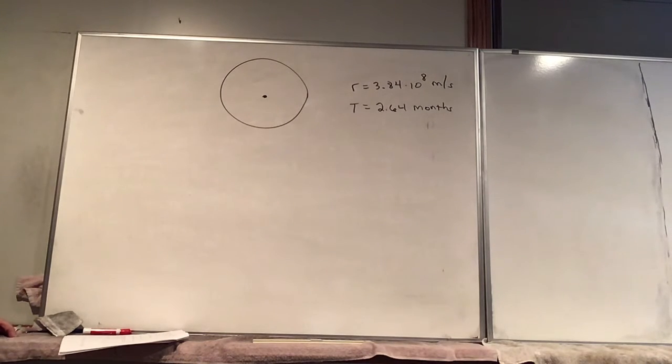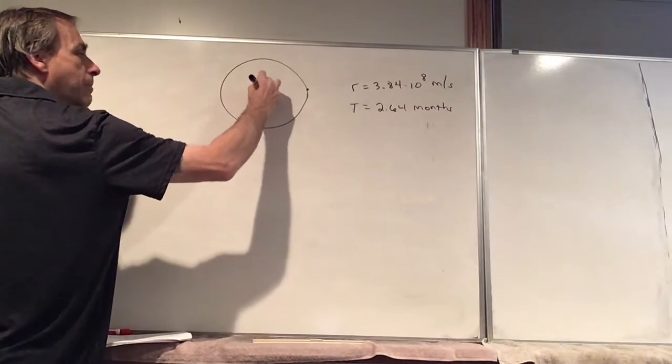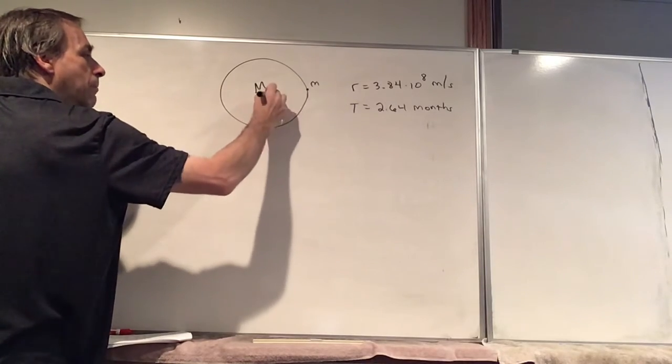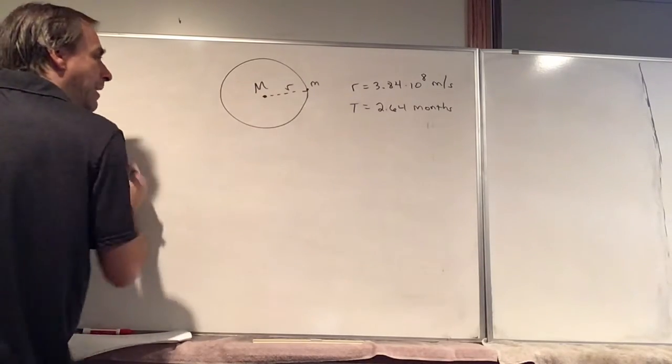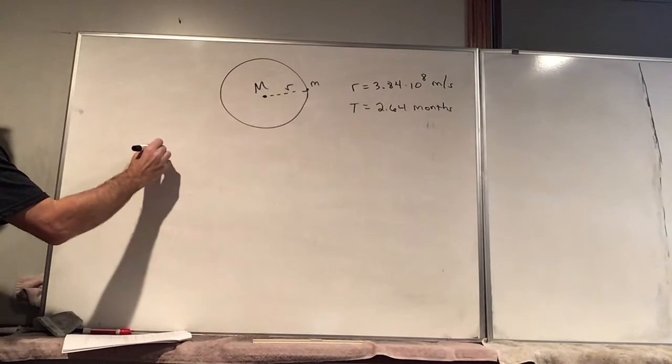So one thing, we're given the period in months because that's a reasonable unit to measure the period of a moon, but we want to convert that to seconds. You're given the conversion factor there. But let's apply Newton's second law. So here's the mass of the planet. Here's the moon. They've got that radius between them. And so just F equals ma.